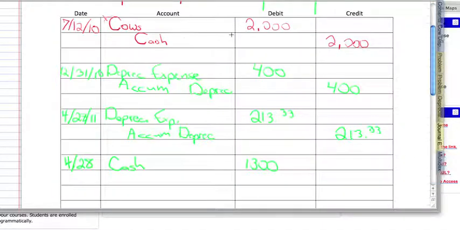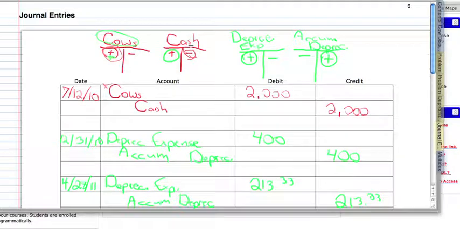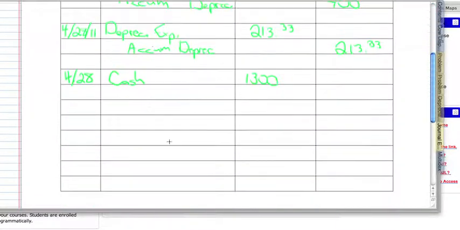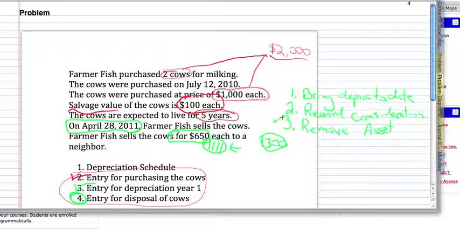Right now I have cows of $2,000 in my records, but I just sold them, so that's misleading. I've got to get it out of there. To get it out of there, it needs to be 0, so I have to credit the cows $2,000. So I'm going to skip a couple lines here, and I'm going to credit cows $2,000. That's this step, remove the asset.